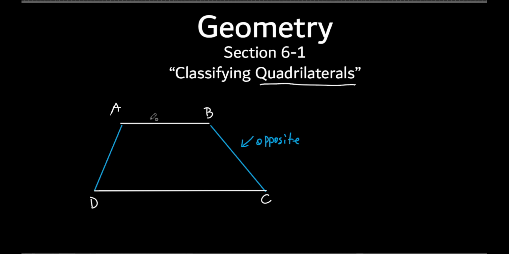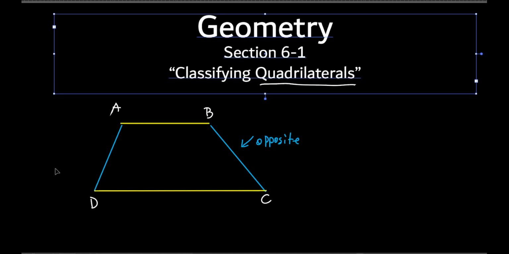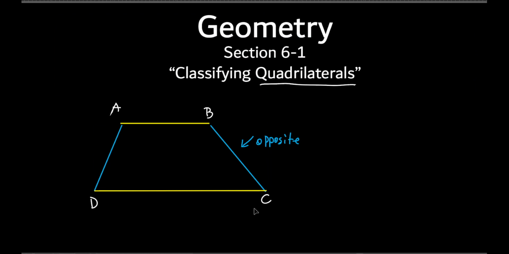Now, you don't have to write this down because I will talk about this in a second. Yep. These are opposite sides, okay? So the blue ones are opposite, and let's make this yellow if I can. There we go. All right. So the blue ones are opposite sides, and the what? Yellow. The yellow ones are opposite sides.